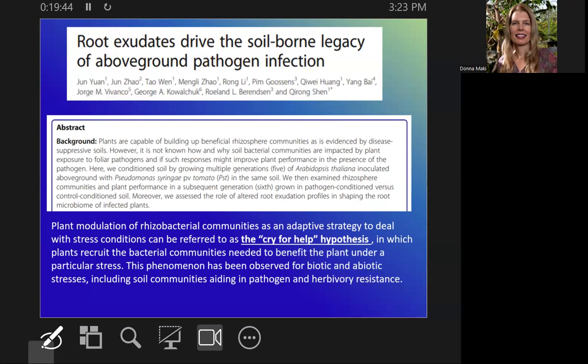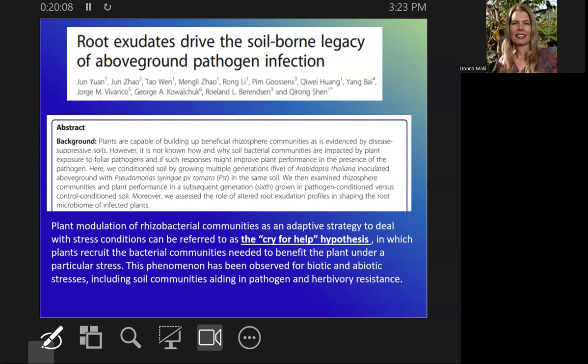They looked at plant performance in a 6th round of Arabidopsis, which they didn't infect. They just grew Arabidopsis a 6th time to see what would happen. Then they looked at the root exudation profiles as well, and at the microbiome in the soil.